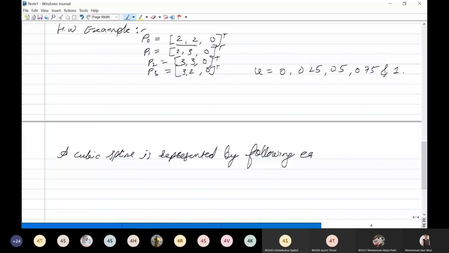So in this case, the equation is P of u equal to C3 u cube plus C2 u square plus C1 u plus C0, where 0 is less than or equal to u is less than or equal to 1.